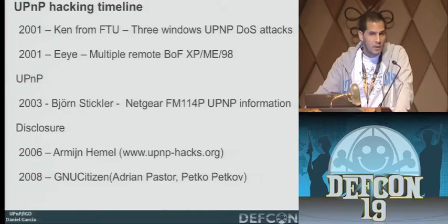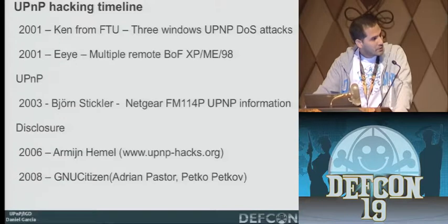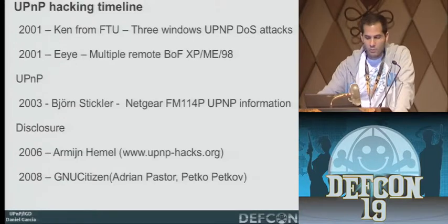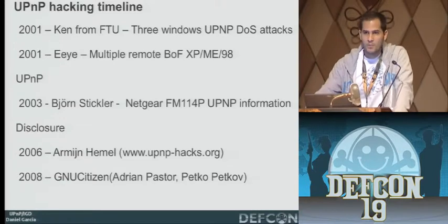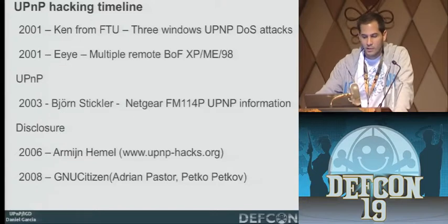And he's basically, let's say, one of the fathers of UPnP hacking. He has examined all the UPnP stacks and described which stacks allow some actions and whatnot. And then in 2008, we had an attack by GNU Citizen, which was pretty smart.